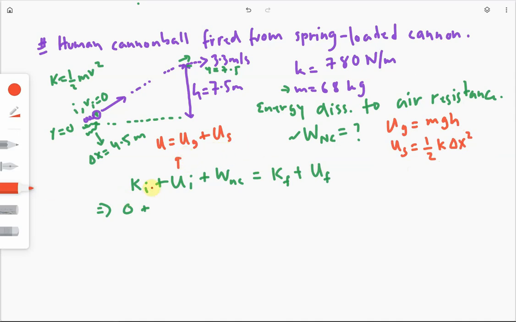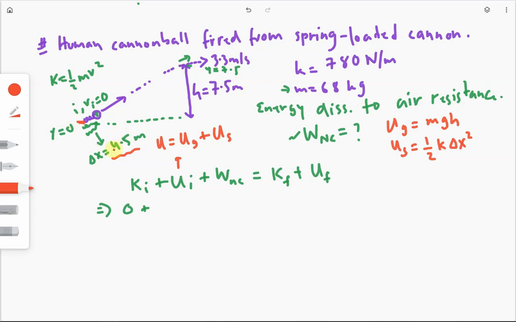So UG, the potential energy due to gravity, at y equals 0 is 0, right? At this ground level there is no gravitational potential energy because there isn't any height above ground level. However, the spring potential energy is maximum because the spring is maximally compressed. It wasn't compressed any more than 4.5 meters over this whole trajectory of this person.